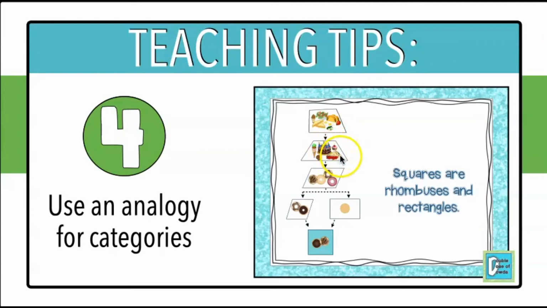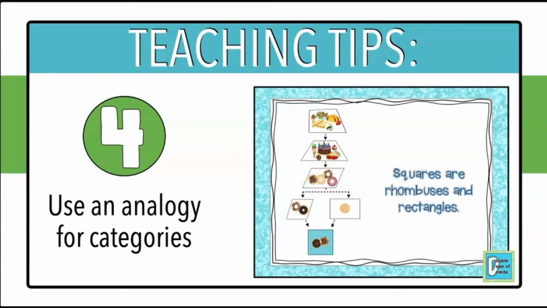And then there are specific types of foods. There are desserts, and then there are donuts, and then there are frosted donuts, and there are filled donuts, and then there are frosted filled donuts. Can you tell I like food? So in this case, I like to have something to relate so that students know this hierarchy of classifying shapes.